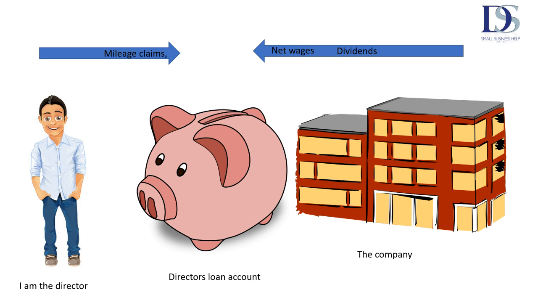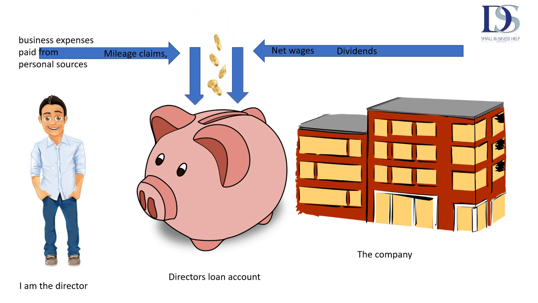Sometimes the director might pay for other business expenses out of his or her own pocket, and the same principle applies, and the money from both sources, whether it's from the company to the director or from the director to the company, gets put into the director's loan account.